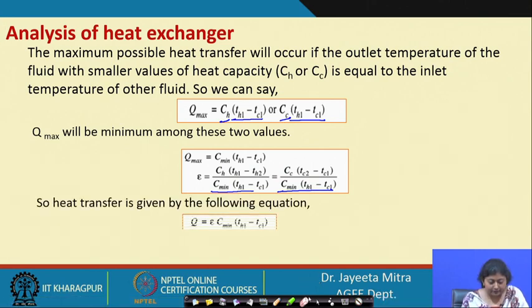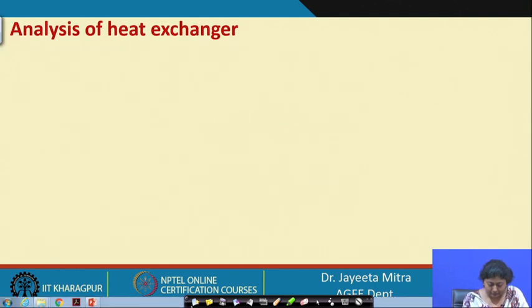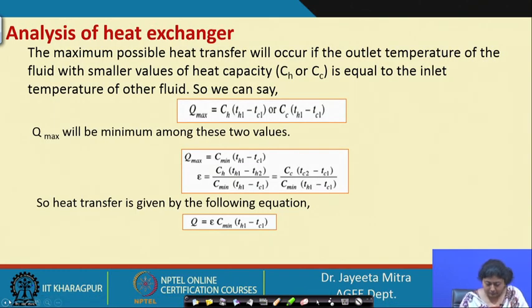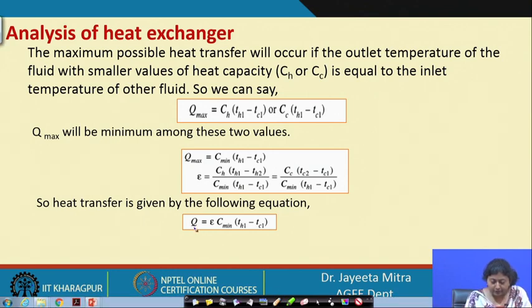So, heat transfer is given by the following equation, that is Q is equal to effectiveness into C minimum into Th1 minus Tc1, because the actual heat transfer is this one, or this one.